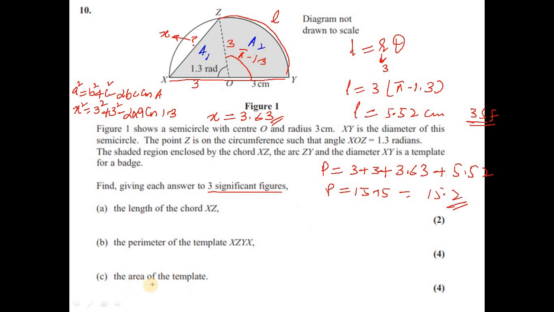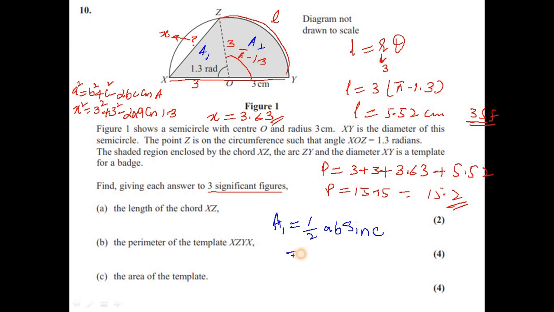So for the area of the triangle, A1 is half of ab sine C, where C is the included angle of a and b.